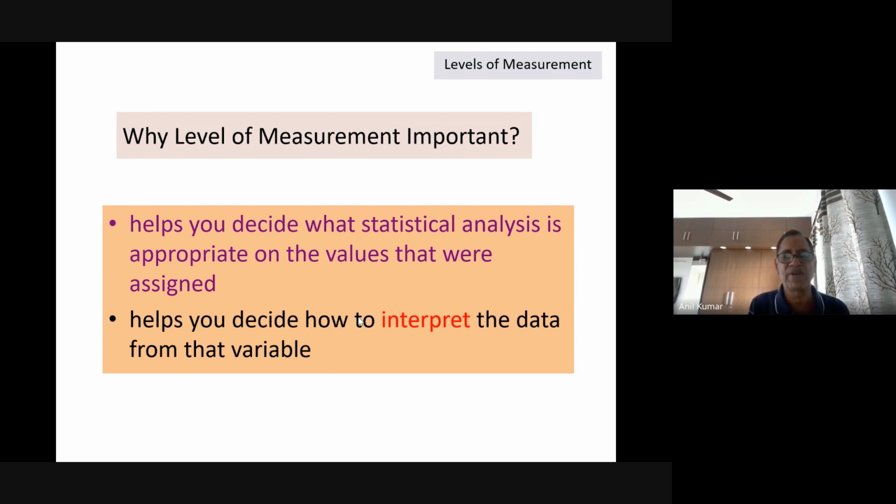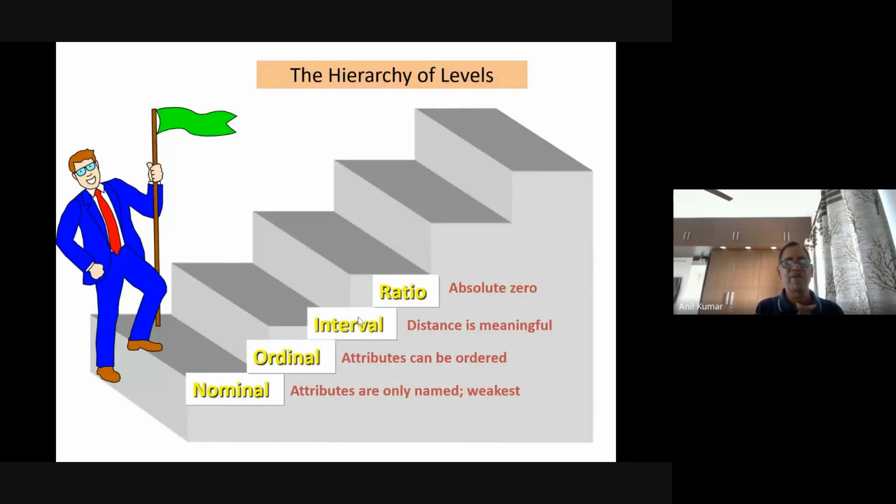Many times we are saying we will go for nominal scale, many times we know that data is in ordinal scale, and many times it is interval and ratio.